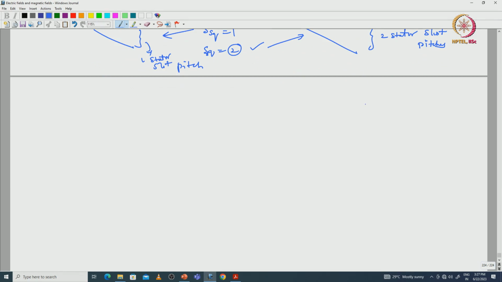Next, we will discuss with an example how skewing of the rotor is helpful to minimize the slot harmonics and other types of harmonics.